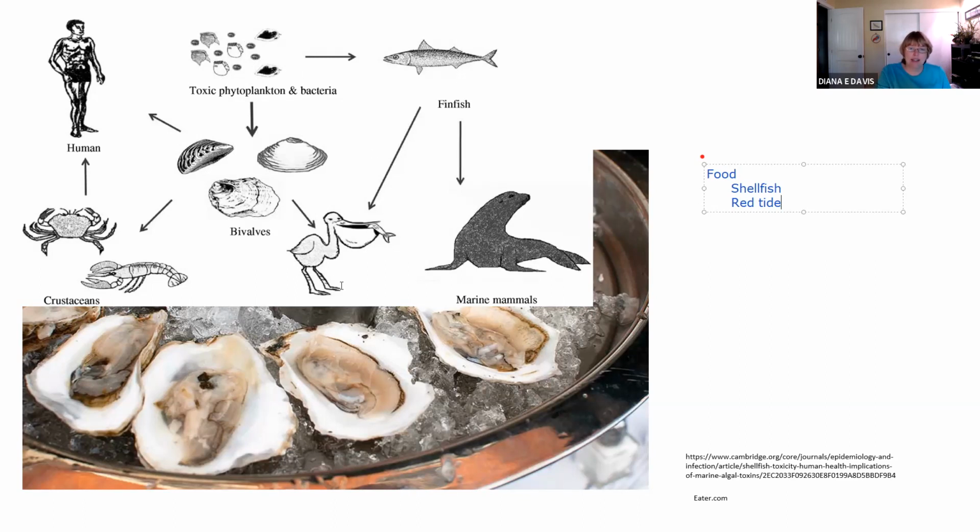That gets passed into things like pelicans, that can get into crustaceans, crabs, and lobsters. All of these animals can get waterborne toxins into their bloodstream, which, if you eat them, can then get into you. And we're seeing this more and more commonly being a problem.